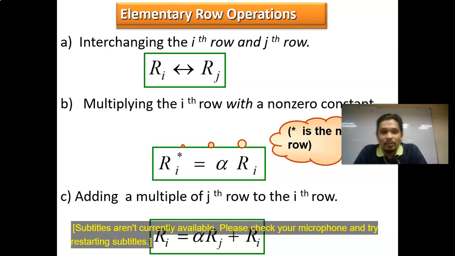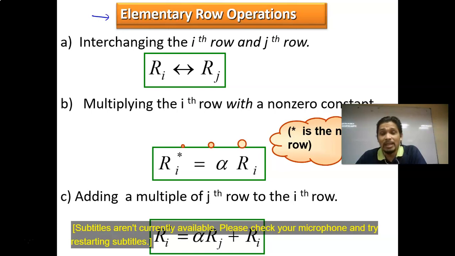Even though, as you see on the screen now, there are instructions allowed, which are interchanging the ith row and the jth row, and multiplying the ith row with a non-zero constant. I found in some YouTube videos, presented by many lecturers around the world, that sometimes they come up with other steps, not only referring to these 3 steps.